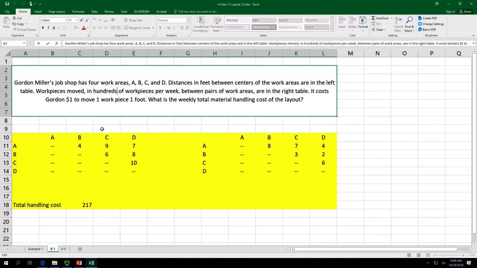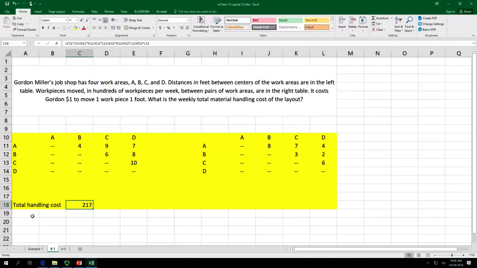So this is hundreds, and the total material handling cost will be 21,700.